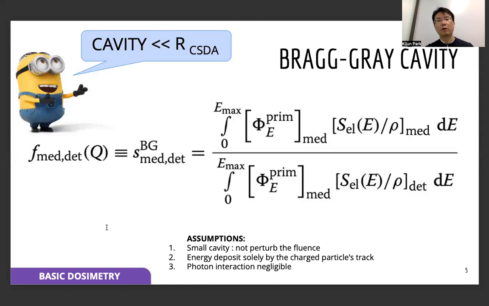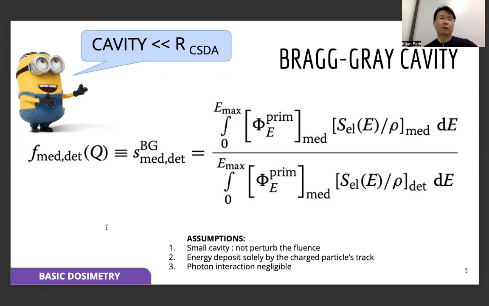This is well known from the very simple cavity theory, the Bragg-Gray cavity theory, which is under the assumption that the cavity size is small enough not to perturb the fluence of the particles, and secondly, that the whole energy deposition is done solely by the charged particles, and photon interaction is negligible.